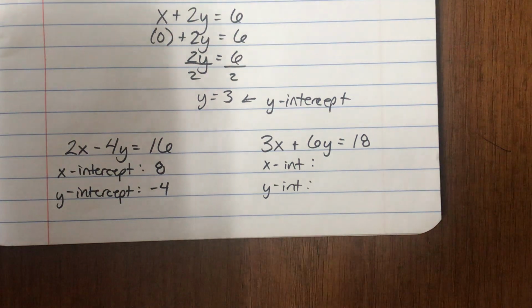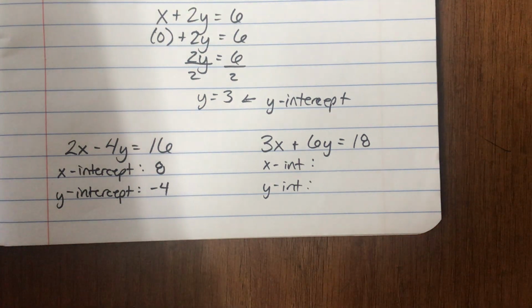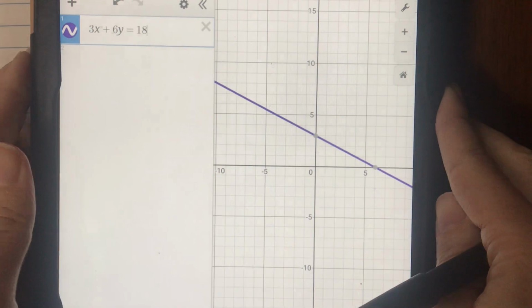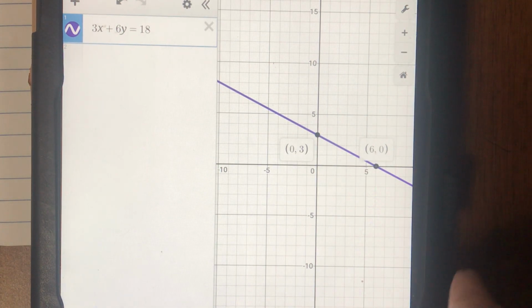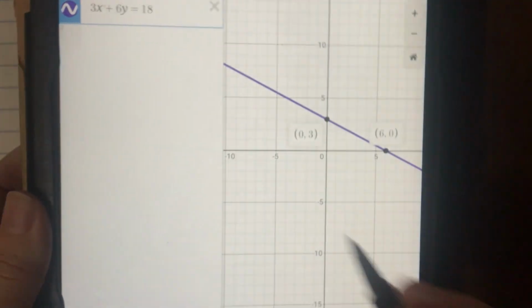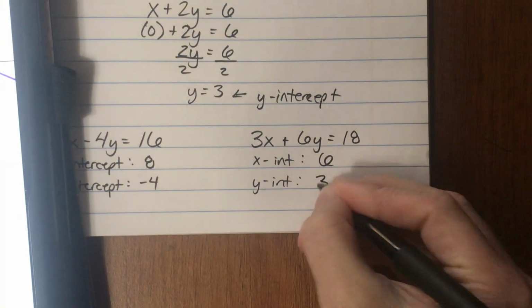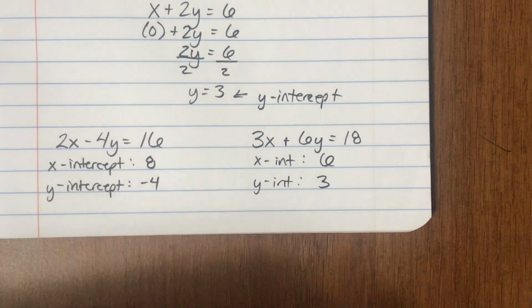The second equation, and again, you just want to type this into Desmos, so it's 3x plus 6y is equal to 18. And we look at that on the graph, and again, all you're looking for is your x and y intercepts. So our x-intercept here is 6, and our y-intercept is 3. And that is all that you really need to know about x and y intercepts.